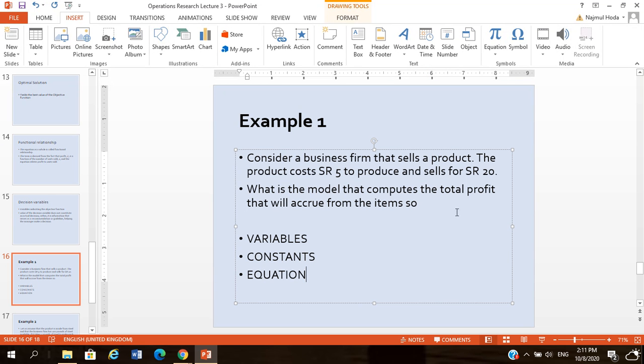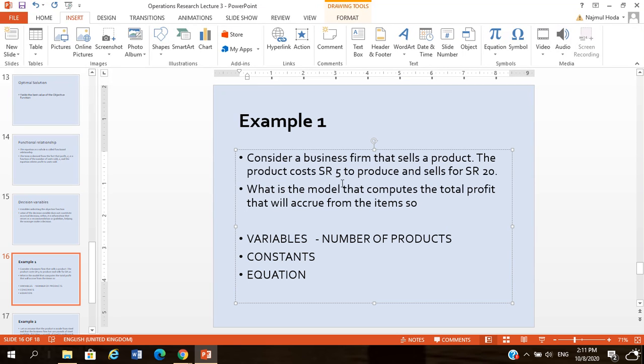So, what are the variables in this problem? What is the main variable? It is the number of units of products produced. That is the main item that can be changed. So, if I produce one item, what will be my profit?